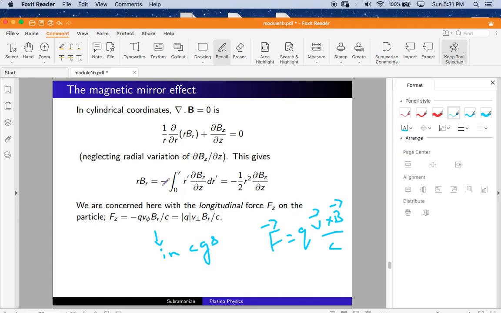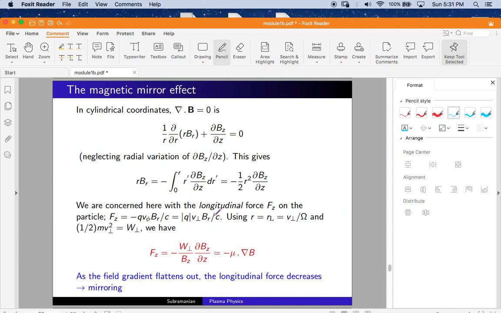We're going to substitute for this B_r from here. Also, what's the value of r we want to use here? We want to use a particular value of r: the Larmor radius, which is just v perpendicular over omega, where omega is the Larmor frequency.